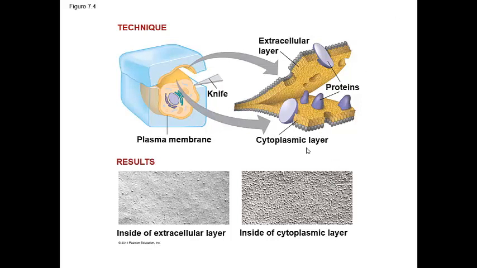They split apart the two layers of the cell membrane, and when you split it apart, you can see that one layer here, which would be the bottom, is going to have all these proteins sticking out of it, and the other side, which you see right here, is going to have all these holes. So you can see immediately that the cell membrane is made up of two layers of phospholipids, and that these proteins are going to span the entire membrane. Hence the fluid mosaic model.